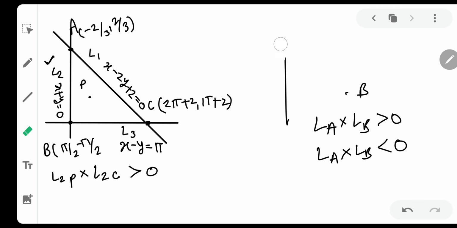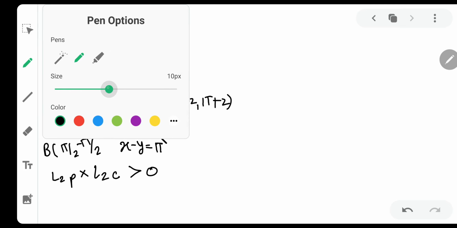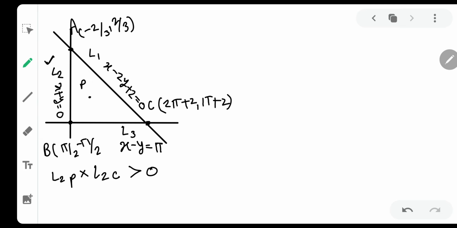Okay, this is from the chapter straight lines. So we are going to utilize the same concept over here. Let us start with L2P. Now for L2P, P is A and sin A, and our L2 is x plus y. So basically this is going to be A plus sin A. That is our L2P. I just substituted the point P inside the line L2.